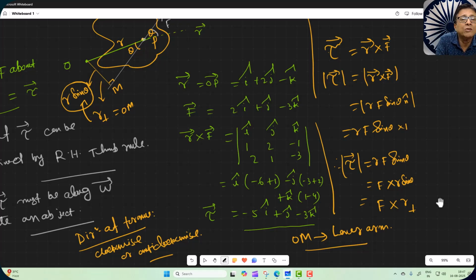Imagine the force is not acting at P, force is acting on the lever arm. Okay?